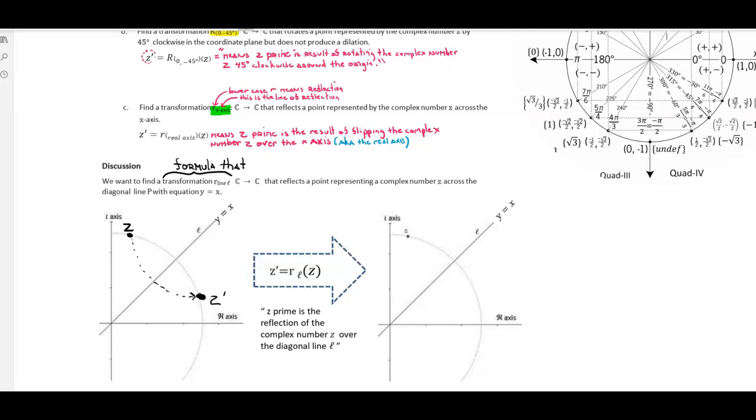Okay, we want to find a formula that takes this point and reflects it over the line L. So we want to come up with what would this point, how would we get it to be here? Okay, so we want to find a transformation, so a formula that reflects over a line y equals x. Over the line y equals, or over the line L. That's what this means. So this notation that I'm highlighting in yellow, that's what that means.